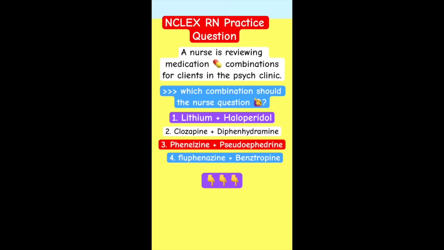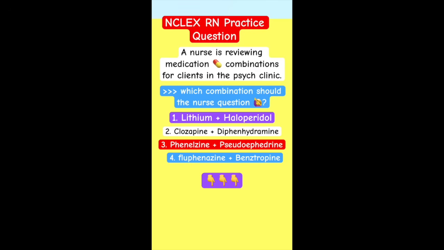A nurse is reviewing medication combinations for clients in the psych clinic. Which combination should the nurse question? Wrong combination. That means side effect, and this is where you have to look at a combination, figure out the side effect and why it's a problem.